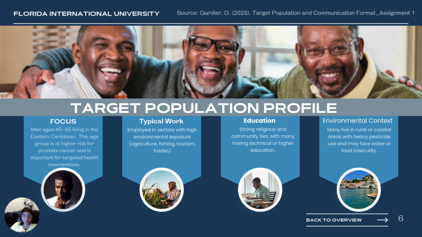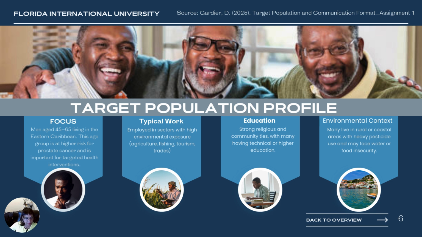As for the environmental context, a lot of the men in the Caribbean live in rural or coastal areas with heavy pesticide use, and many face water or food insecurities, right?